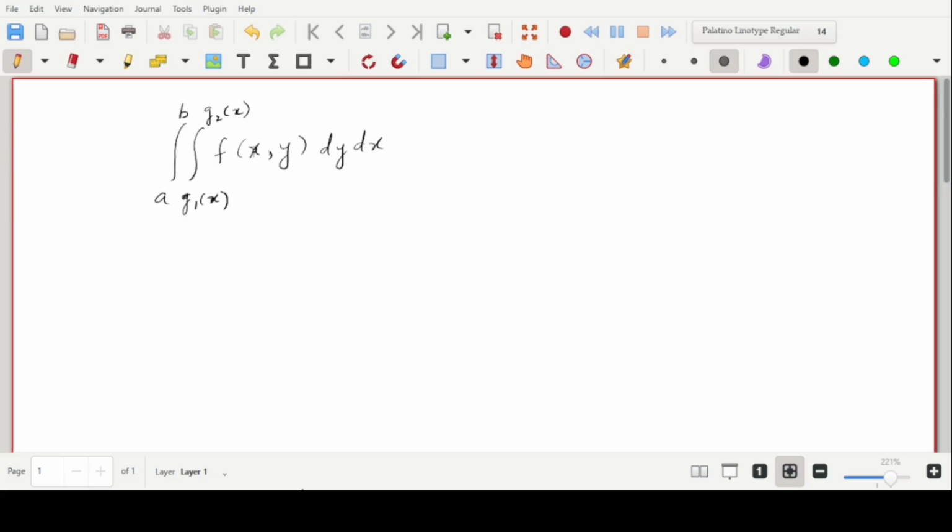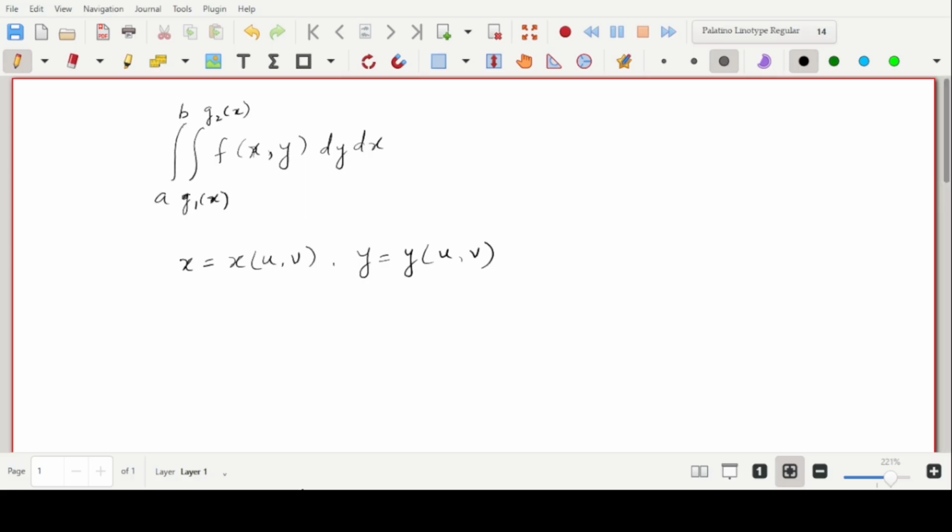Now if we want to change variables, we define two new variables u and v, and x is expressed in terms of the new variables, and we call that function also x, and y is also expressed in terms of the same two variables.